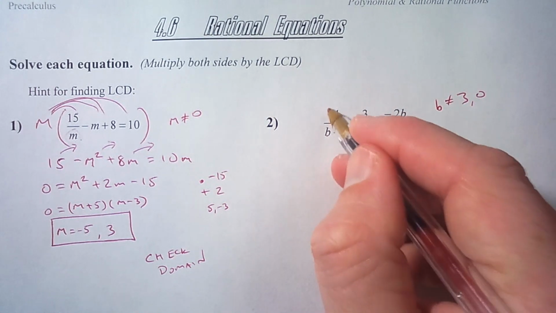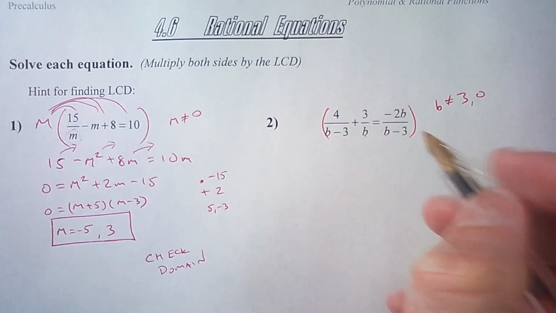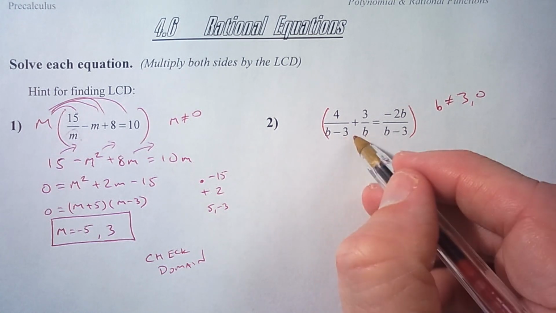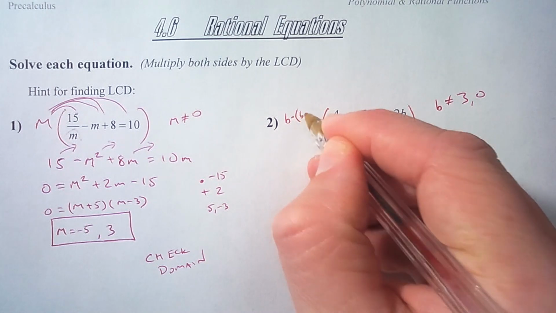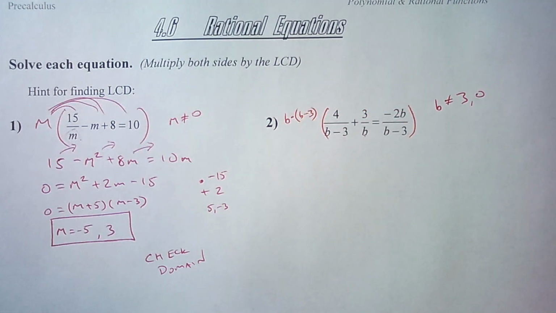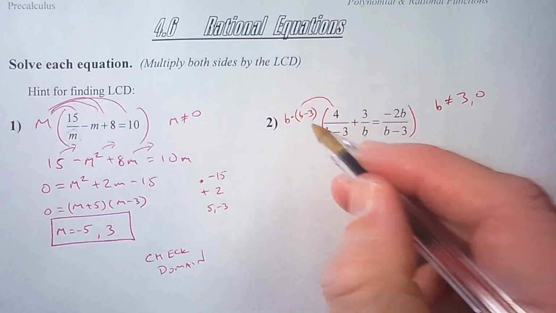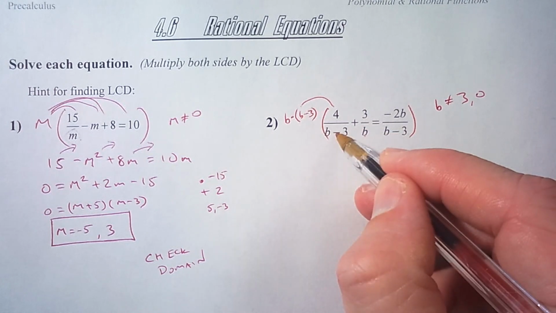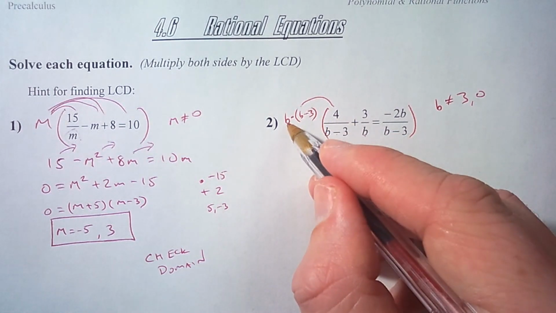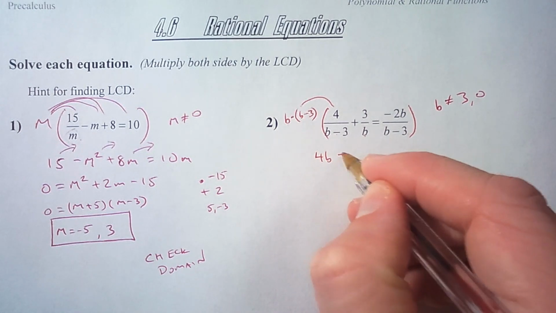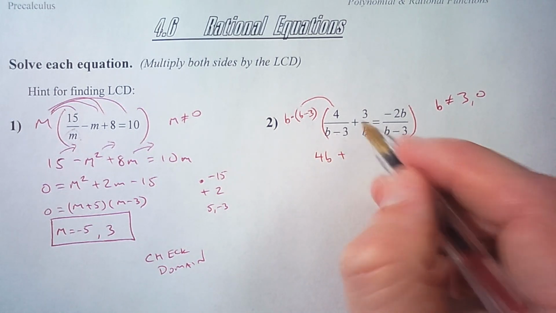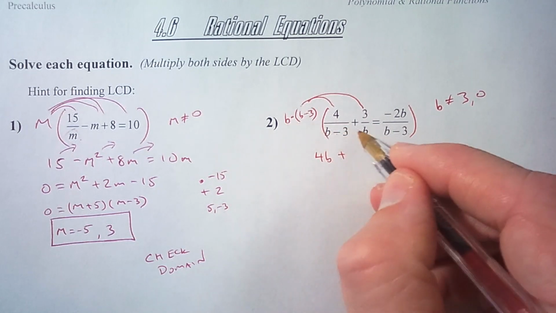Okay, so the factors of the denominators are b and b minus 3. So I'm going to multiply by b and b minus 3. So when I distribute here, b minus 3 will cancel. So I'm still multiplying by b, so I have 4 times b. Okay, when I distribute here, the b cancels.